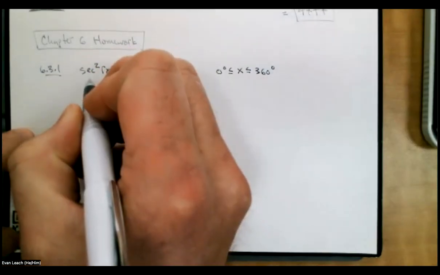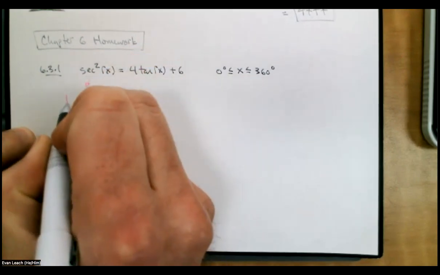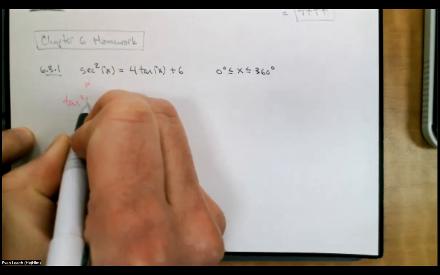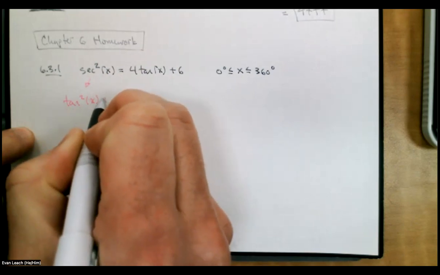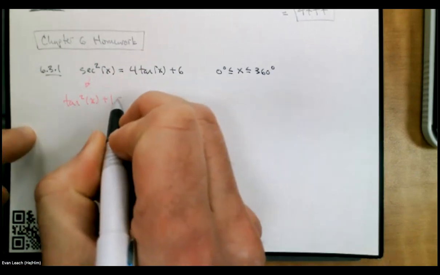So I'm looking at the secant squared theta, and I'm going to replace that with tangent squared x plus 1.